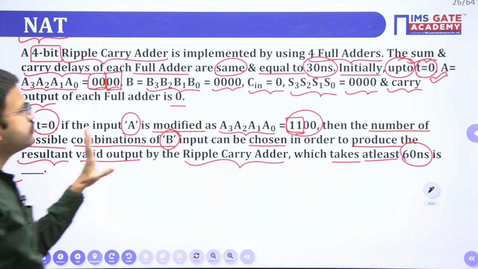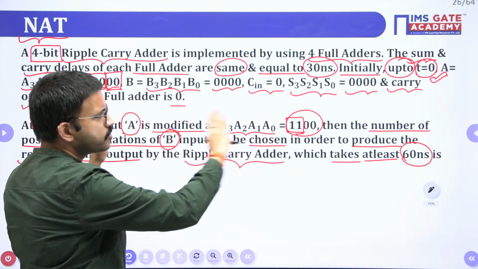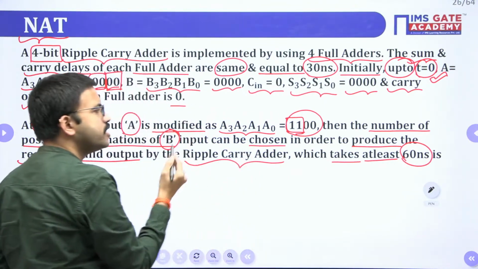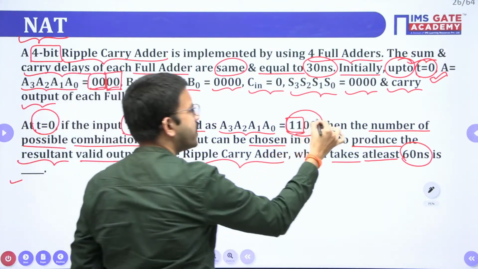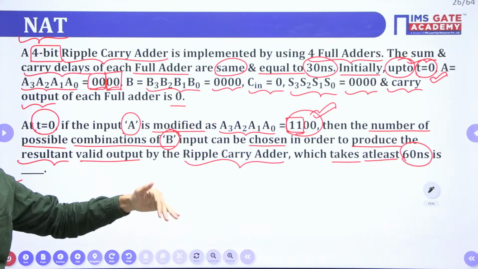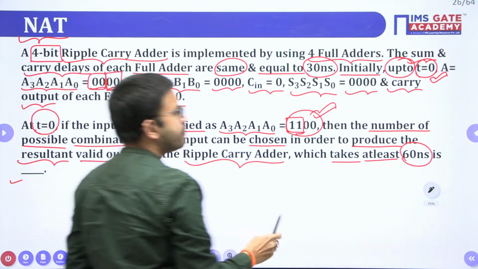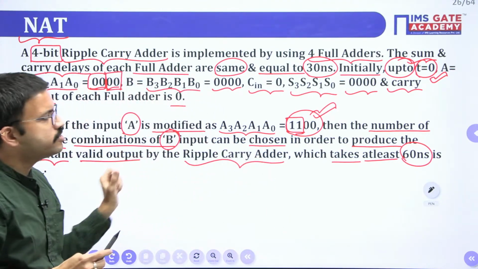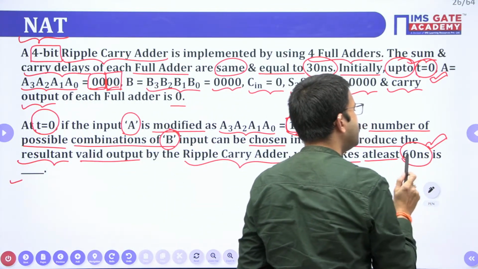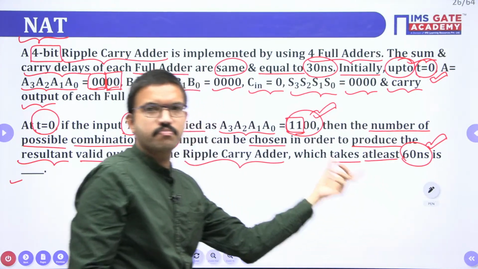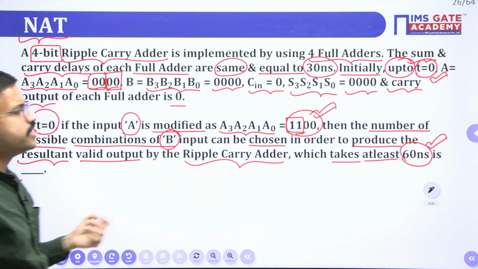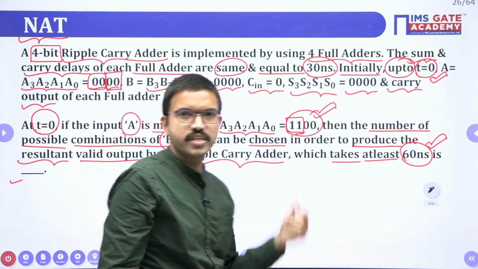Initially all the inputs and outputs are zeros up to the t equal 0 instant, but from then onwards you are having this particular input. After giving this input, for which combination of B inputs will the ripple carry adder take 60 nanoseconds minimum, either 60 nanoseconds or more than that? How many B combinations can we choose? That is the question.